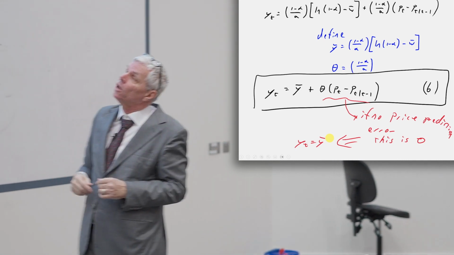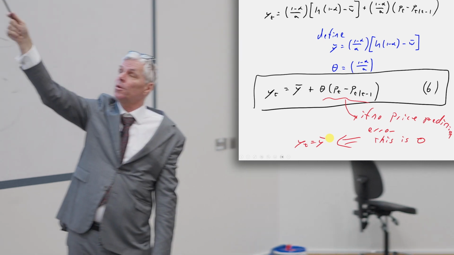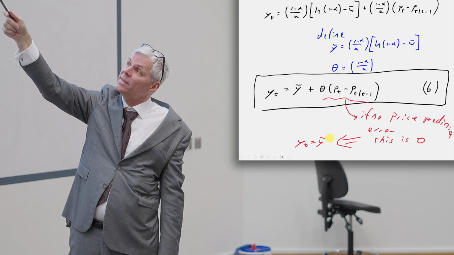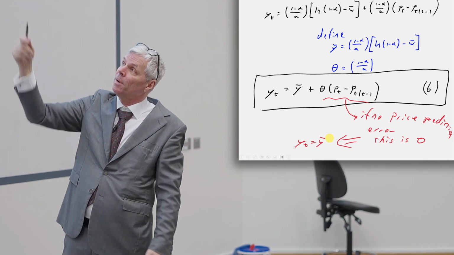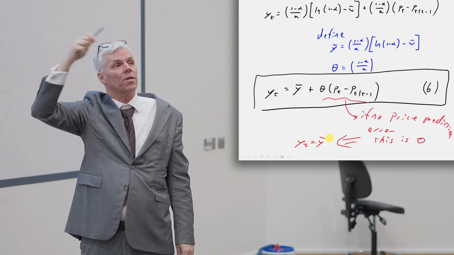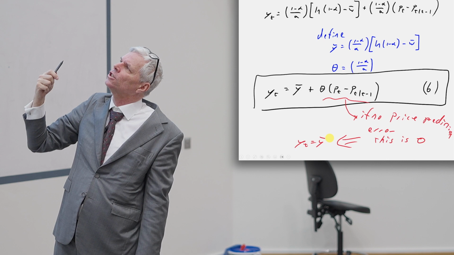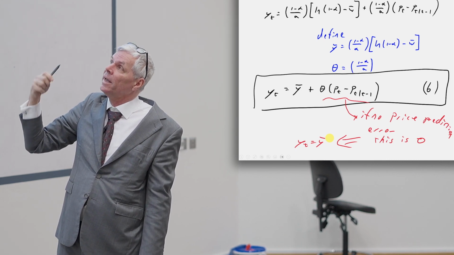Now it's important to note that y bar might be negative. We didn't say anything about what w bar is, so it might be negative, might be positive. Also (1 minus alpha) over alpha is a positive thing, but ln of 1 minus alpha, we don't know whether that's positive or not. Actually, we do know it's negative. It's a fraction, so it's negative.